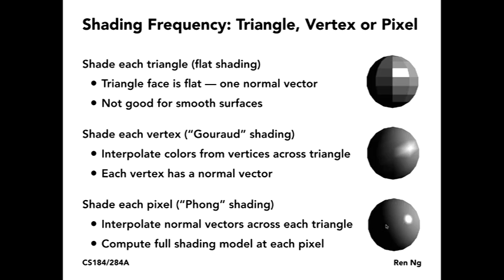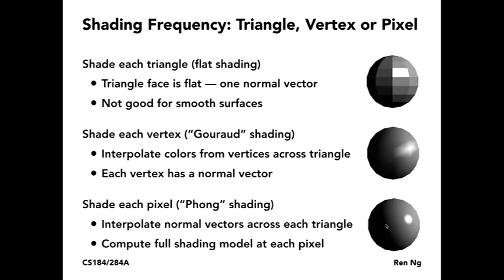So in this case, what we can do instead is take the normal vector for the surface of the sphere at each of the vertices on the mesh, and interpolate the normal vectors across the surface using barycentric coordinates. We pass those interpolated normal vectors down to each sample that we generate.